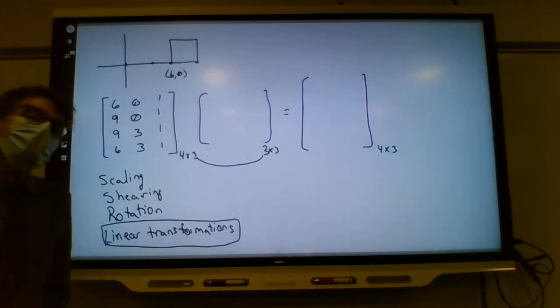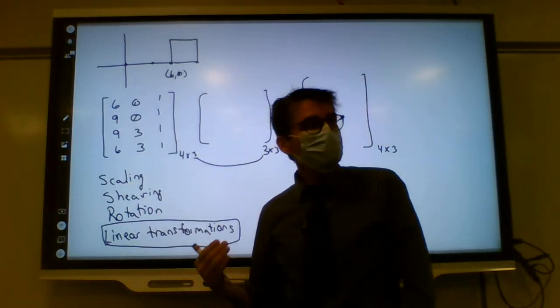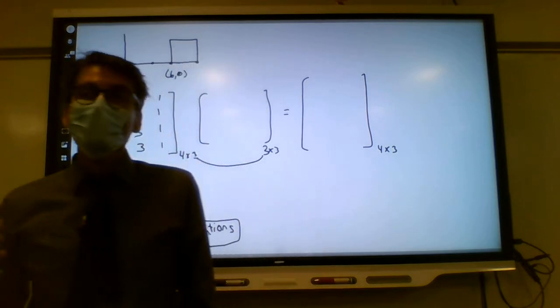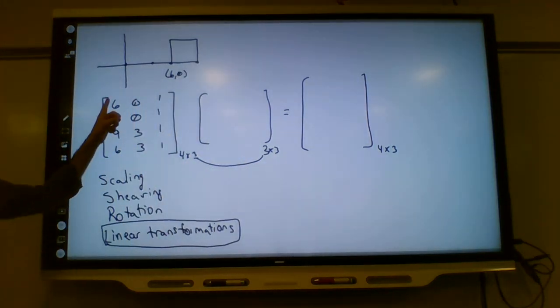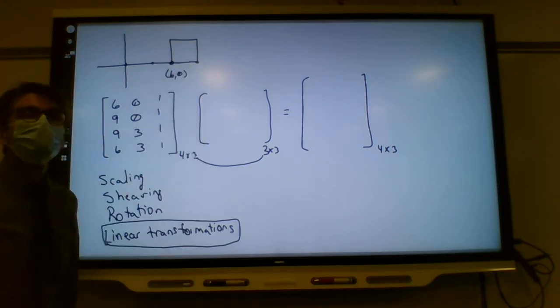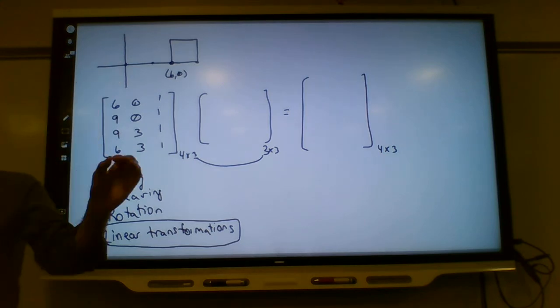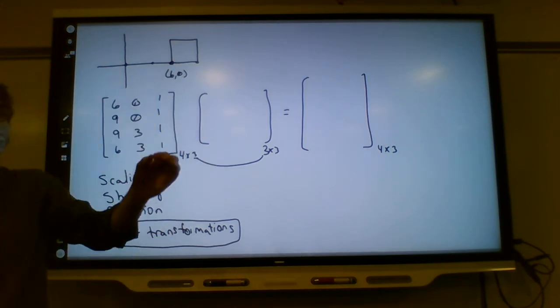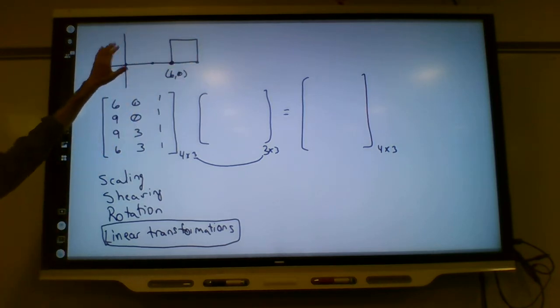All right, so what we're wanting to do is a shear that keeps what in place? The shear, let's say we want to move this so that this point right here is at the origin. So the 6, 0, we want to move that corner on the two-dimensional plane. We want to move that to the origin.